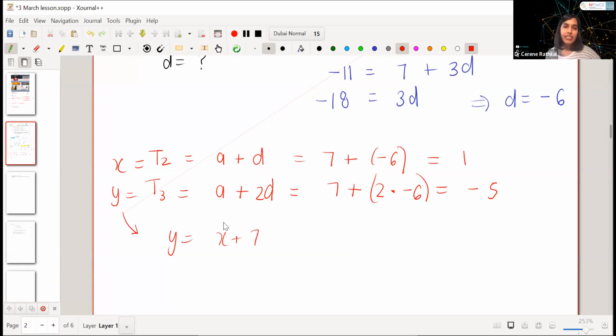And so if I'm adding 7 to the previous term, oh, sorry, I'm not adding 7. What am I adding? The common difference D was minus 6. So let me just say X plus D, and so that becomes X plus minus 6.